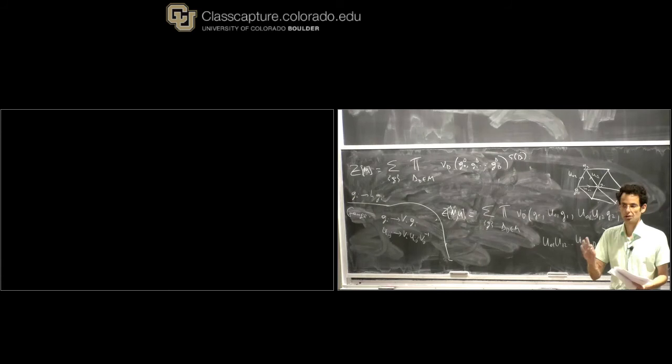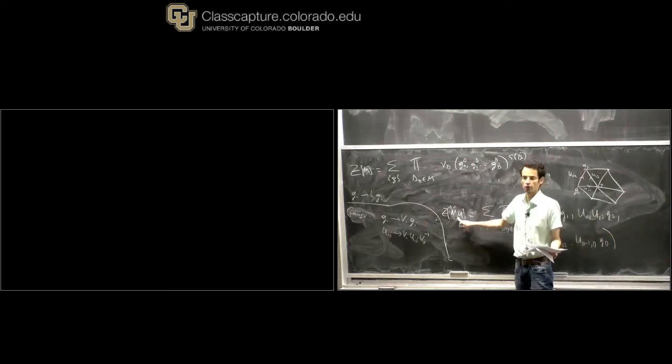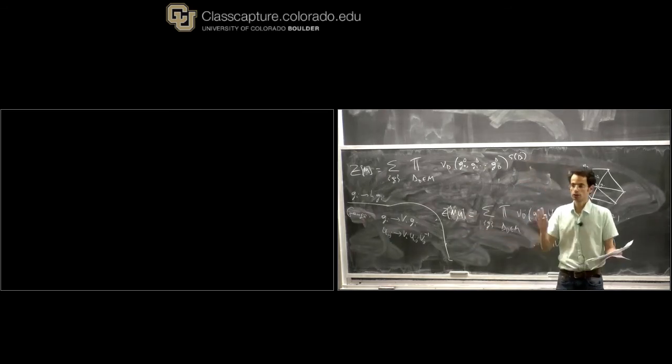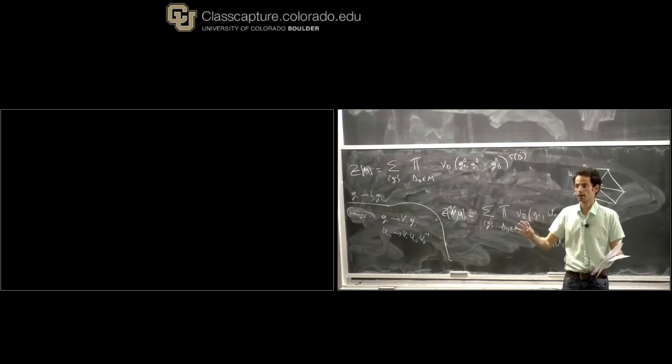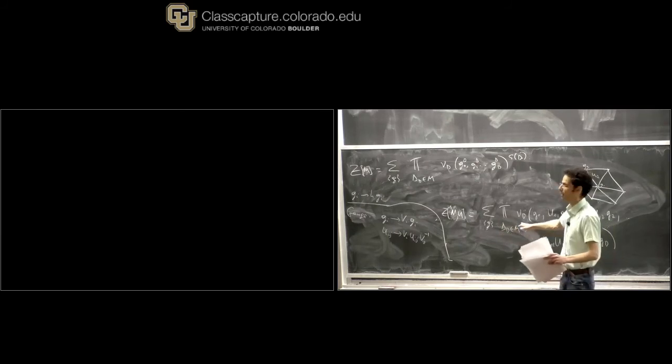The observation was that I don't have any explicit separate action for the U's, and I also don't have a sum over U's here, and I have my partition function depending on U. So for now, I'm just going to think of U as a background gauge field that's going to be used as a probe of the system. And later, if we have time, we'll talk about what happens if I start summing over U's as well.